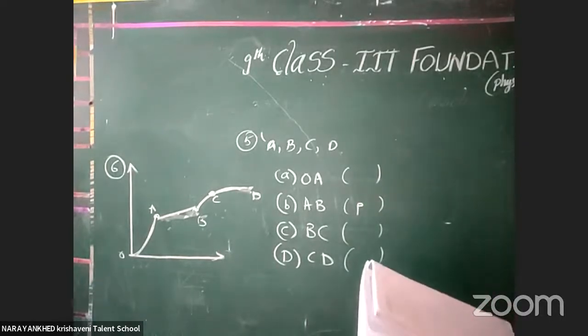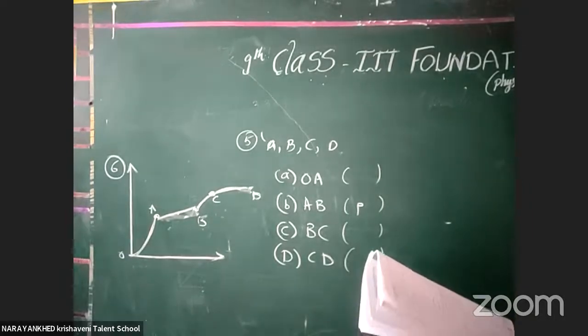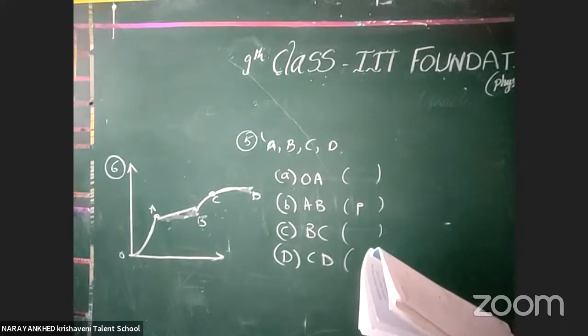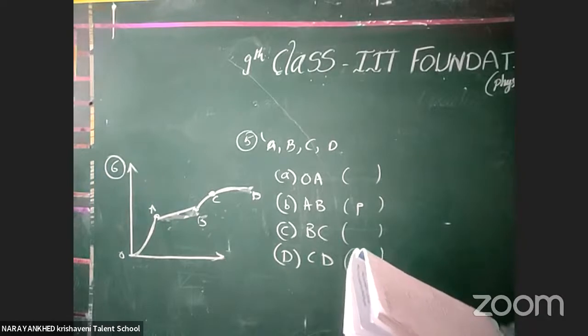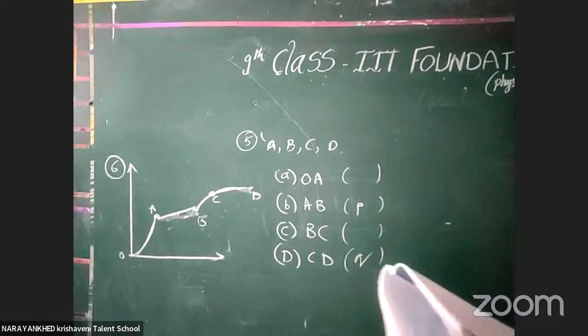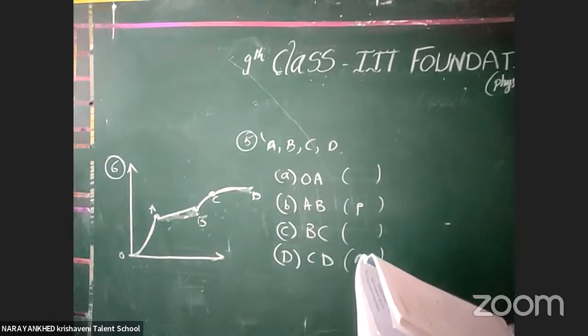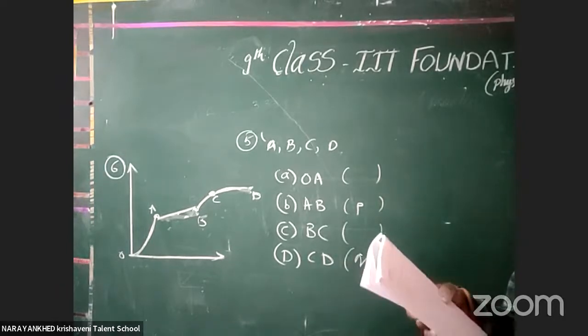And next, velocity decreases with the time. Now velocity decreases with the time; that is CD actually. Now for CD you have to write Q. Okay, next, velocity independent of time.